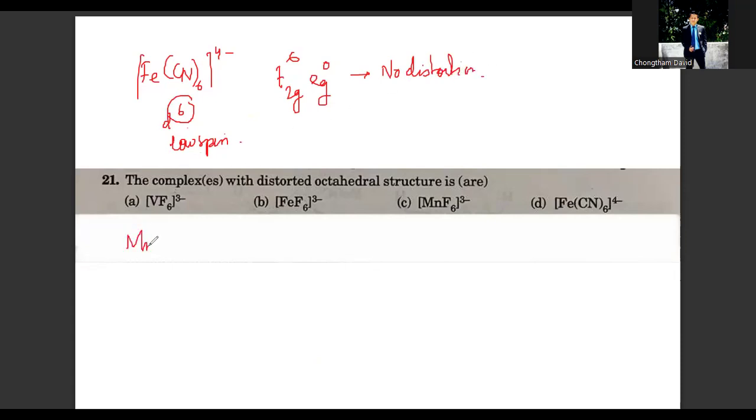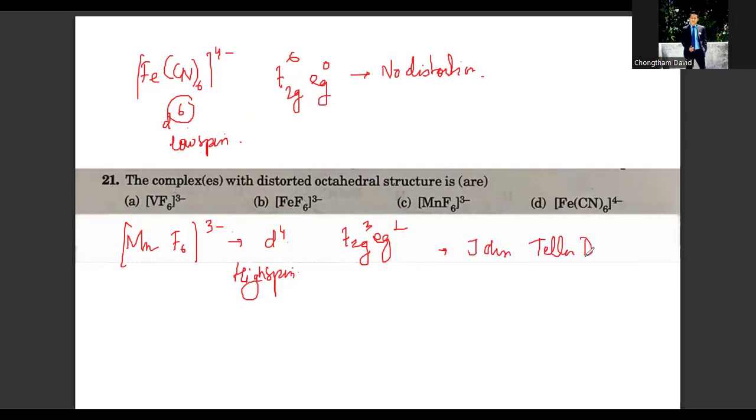Let us analyze the manganese ion. The valence electronic configuration is d4. It is a high spin complex. The electronic configuration is t2g3 eg1. The symmetric electronic configuration is absent and distortion will be present, so Jahn-Teller distortion takes place.